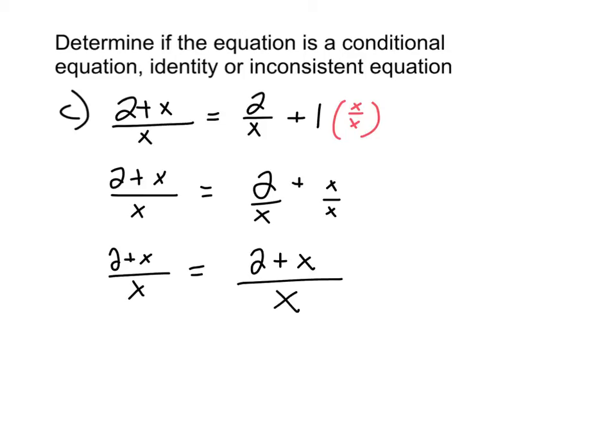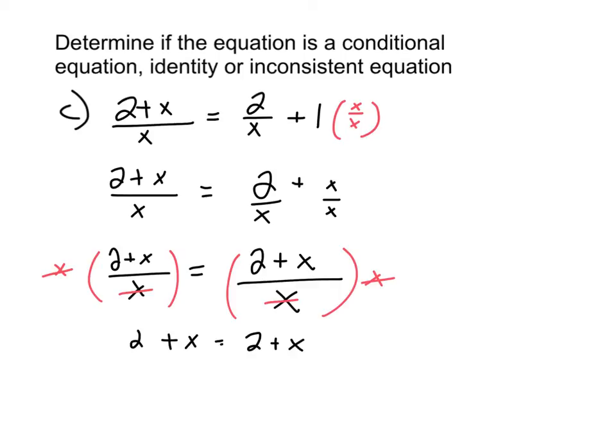Now I have 2 plus x over x equals 2 plus x over x. These two things are obviously the same. If I were to continue solving this, I could, so let's do it so you can see what would happen. The next step would be to multiply both sides by x, so the x's cancel, and I'm left with 2 plus x equals 2 plus x.